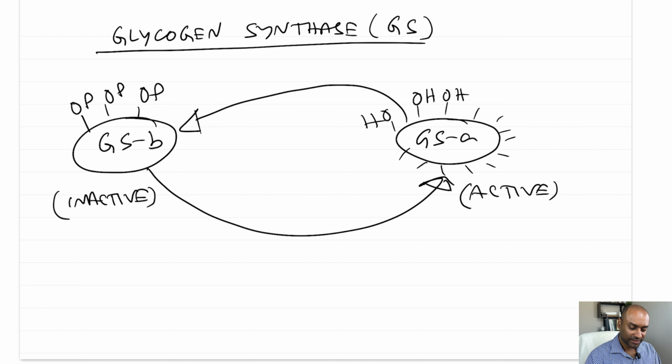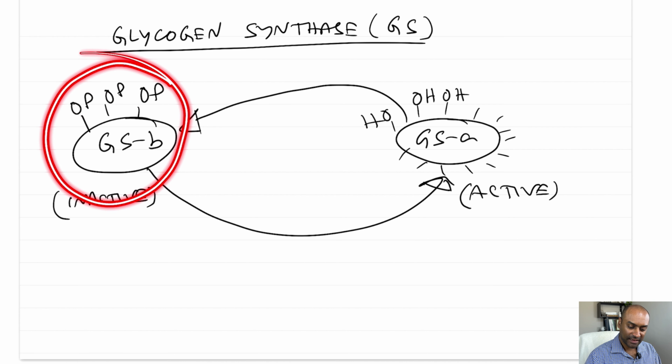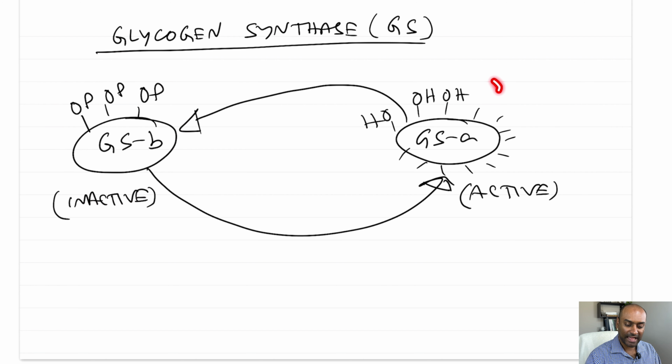So 1, 2, 3, and the phosphorylated form is the inactive form, and the dephosphorylated form is the active form. What we saw in glycogen phosphorylase is totally different, where the phosphorylated form of the enzyme was active and the dephosphorylated form was inactive. In glycogen synthase, the dephosphorylated form is active and the phosphorylated form is inactive.